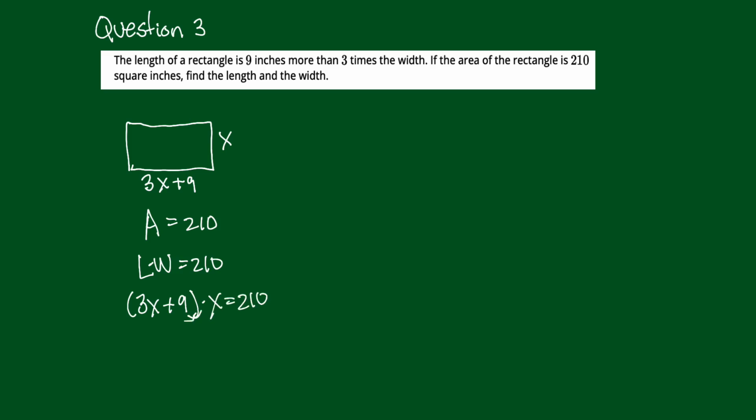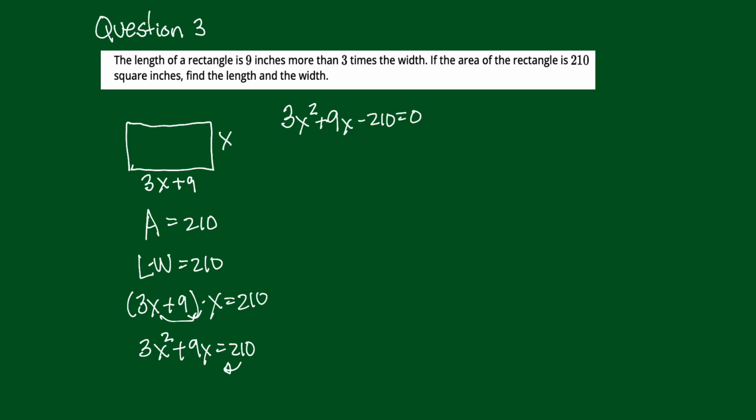Okay, multiply in. Now, we'll get 3x squared plus 9x. That's equal to 210. Let's go up to the top here. This is quadratic, right? Squared. So let's get all the terms to the left side. So I'm going to subtract this 210. So we'll get 3x squared plus 9x minus 210 equals 0.